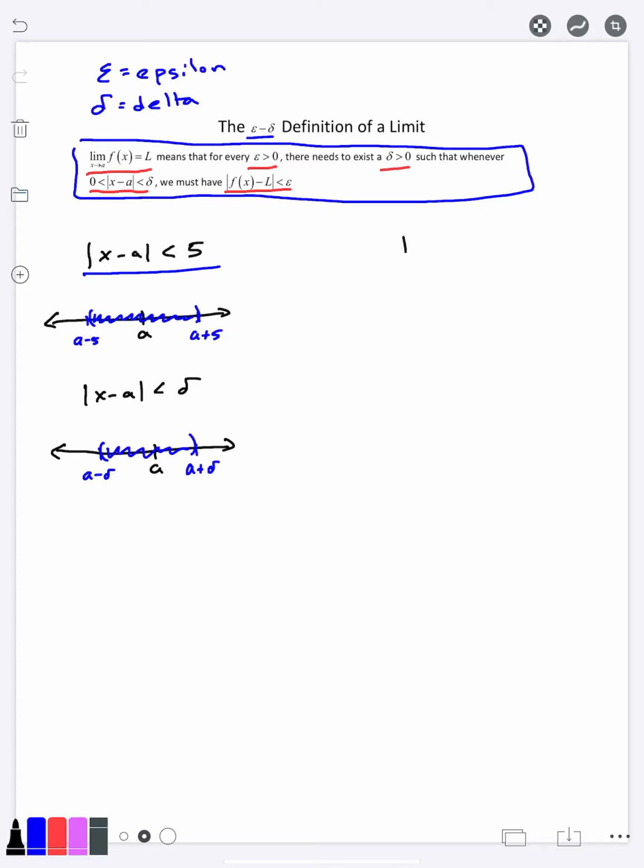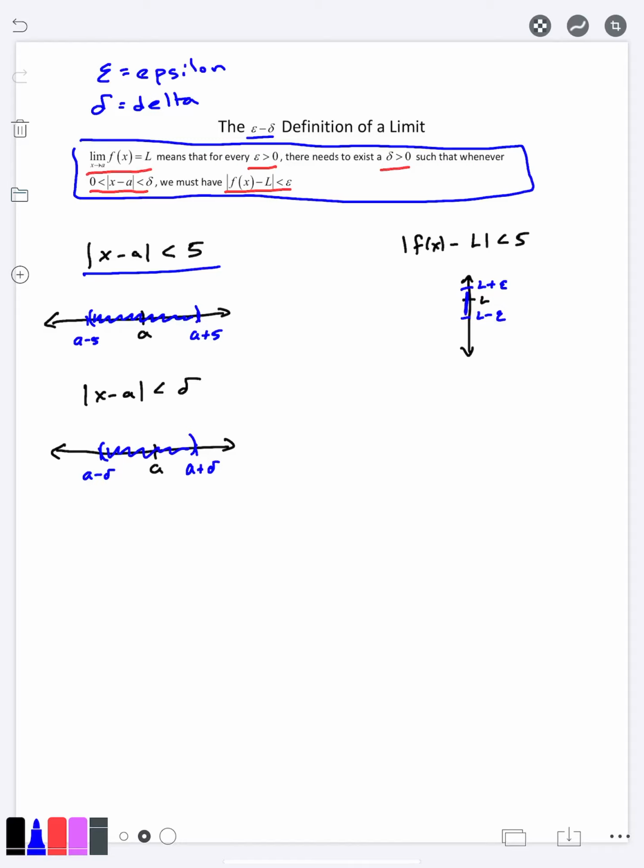Similarly, if I have absolute value of f of x minus some y value, let's call it L, is less than epsilon, that means if I do a number line of y values here, and I pick this L to be the middle, then I go above it by epsilon and below it by epsilon and look at all the things between there.